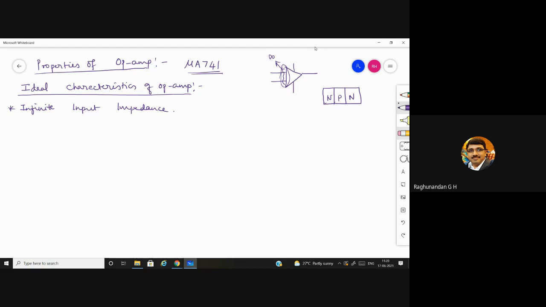So we have an NPN transistor with three terminals: emitter, base, collector. Can you tell me the doping concentration of these? Emitter is heavily doped, collector is moderately doped, and base has a lower doping density compared to the other two.